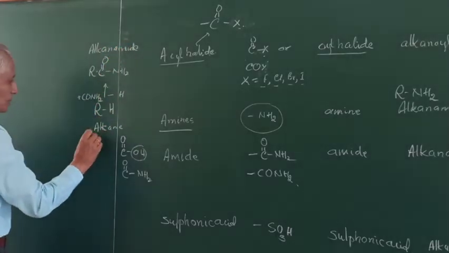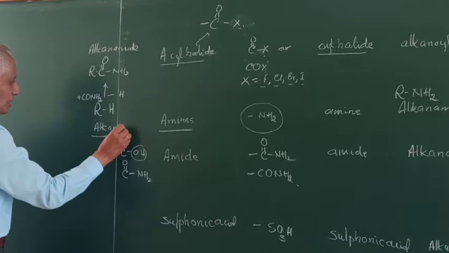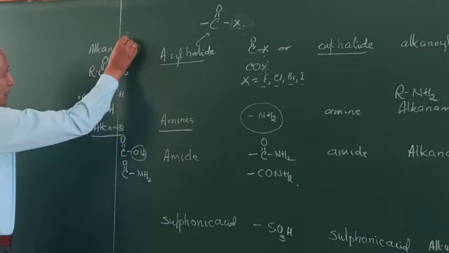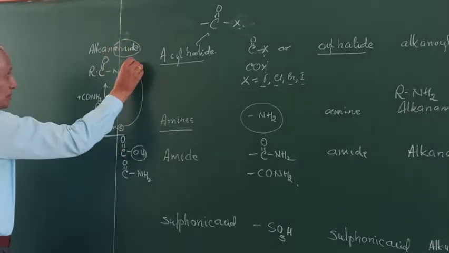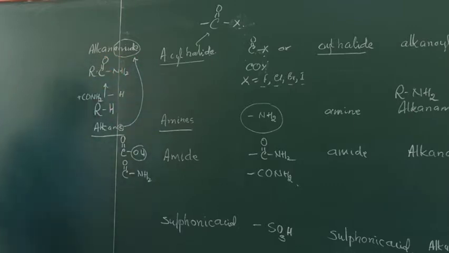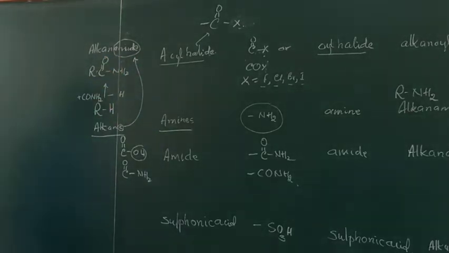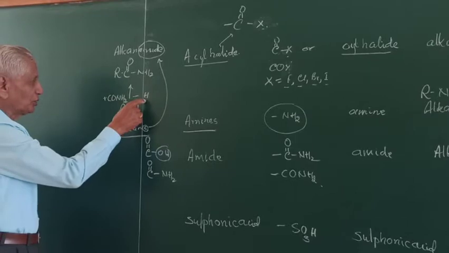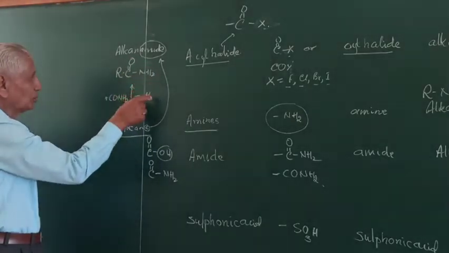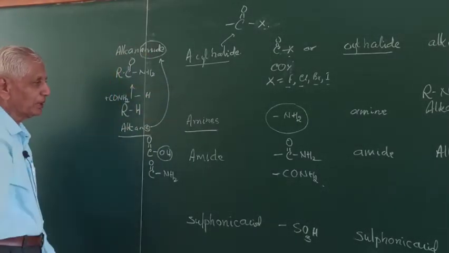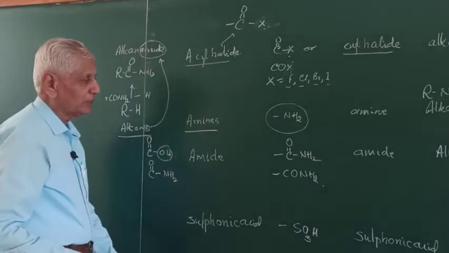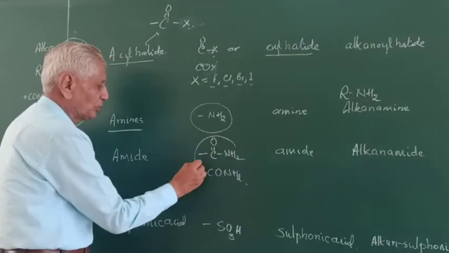So starting from this alkane, the E is replaced by amide. Therefore, the name of this compound is alkane amide. Is that clear? Alkane, remove one H, put there CONH2, and the compound is called alkane amide. So in the amide, the functional group is CONH2.